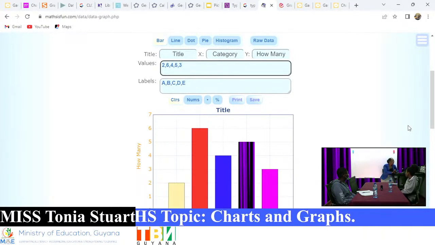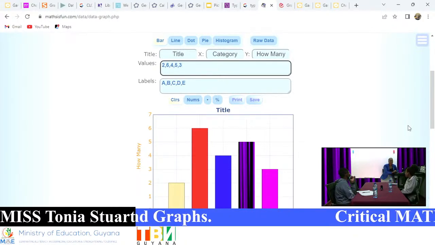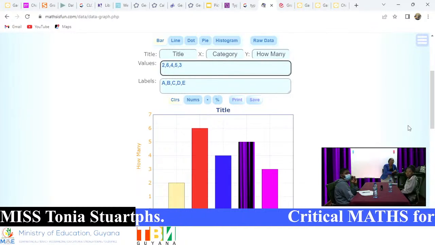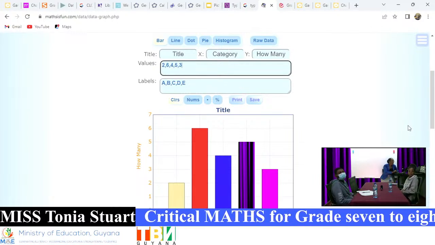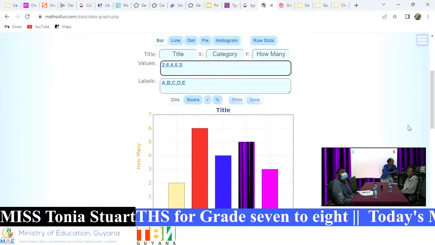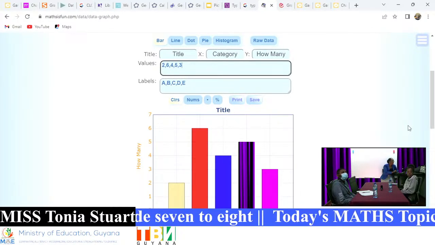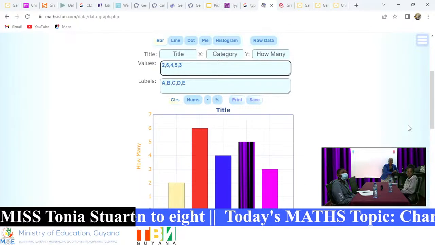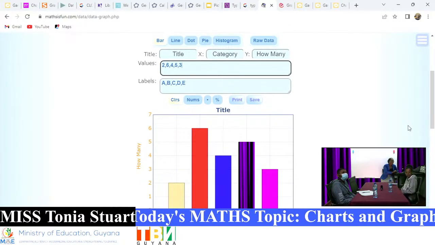Good. Which marble appears the most? Red. The red. Which marble appears the least? A or yellow. Yellow or A, right? Which marble is half the amount of the one that appears the most? E. E, that is the pink.